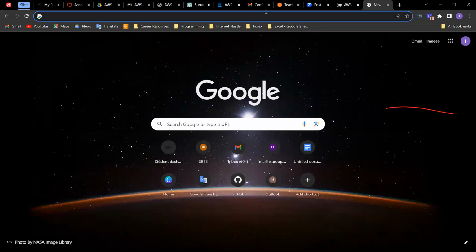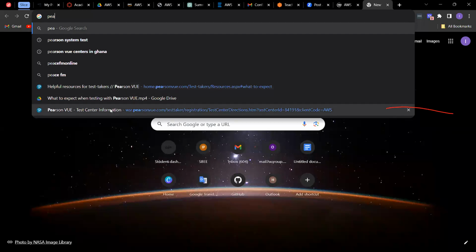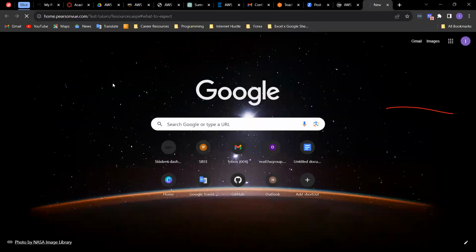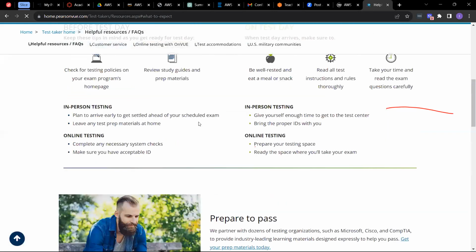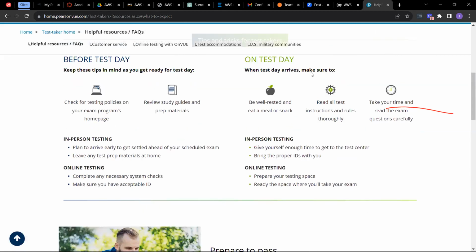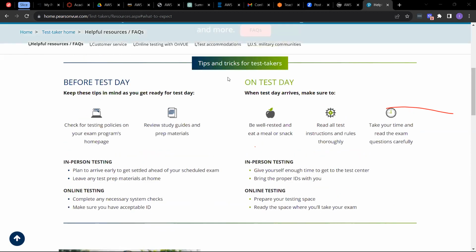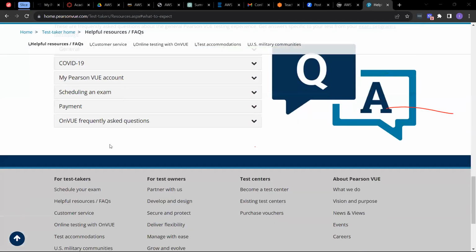No, let me see. You cannot book, I want to see the time slots. If you are not using the voucher, you won't be able to see the available slots. Okay, wait, let me see what to expect. They say eat a meal.